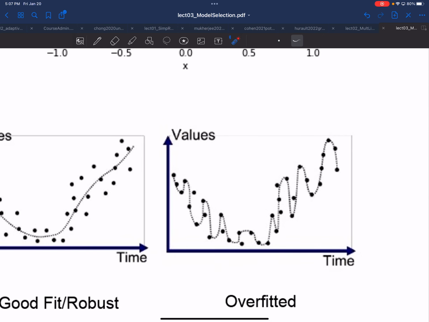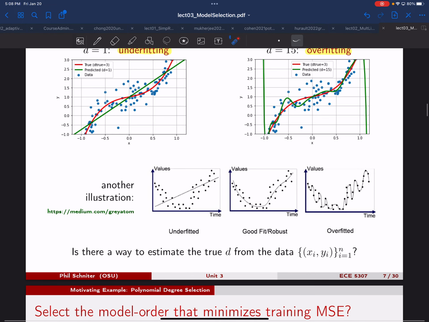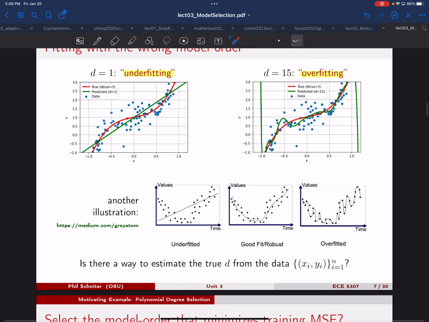If the data allowed it and your model order D was high enough, you could come up with a curve that goes perfectly through all your training points. It gives you exactly 0 prediction error, which sounds great until there's a test sample that's maybe over here, and you can see that's not going to be sitting on the curve from the training points. If you care about training data, there's no problem, but if you care about test data, then this thing called overfitting can happen.